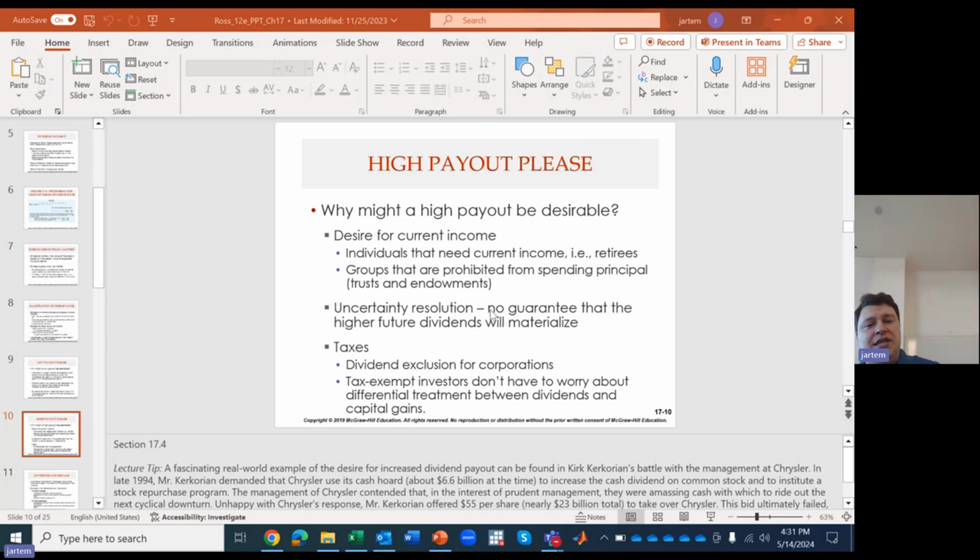There's also the idea that you want to resolve certainty. Yes, as a shareholder, you have a claim to all of these shares of stock that entitle you to a portion of the dividend that the company issues every quarter or every year. But it's possible for management to screw up in the future, right?